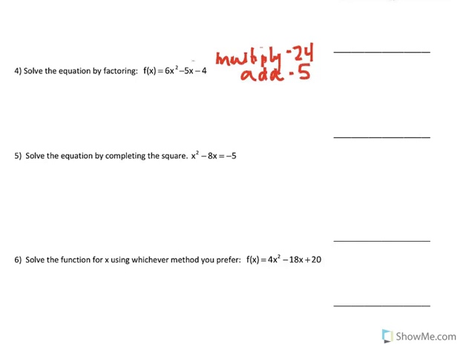So we are going to replace those 2 numbers that we find, which those 2 numbers are going to be -8 and a 3. Okay, we're going to replace that with the middle term.